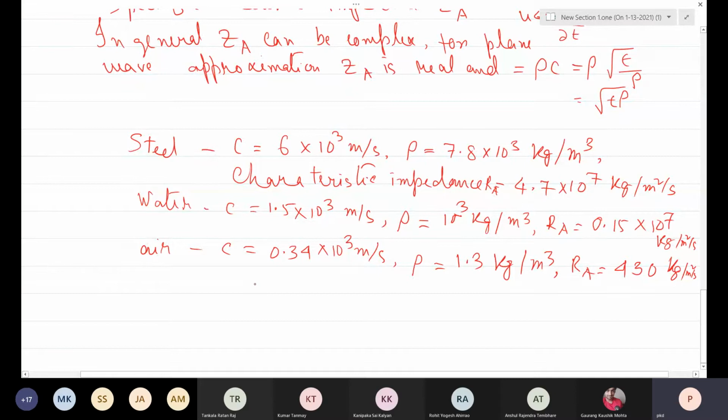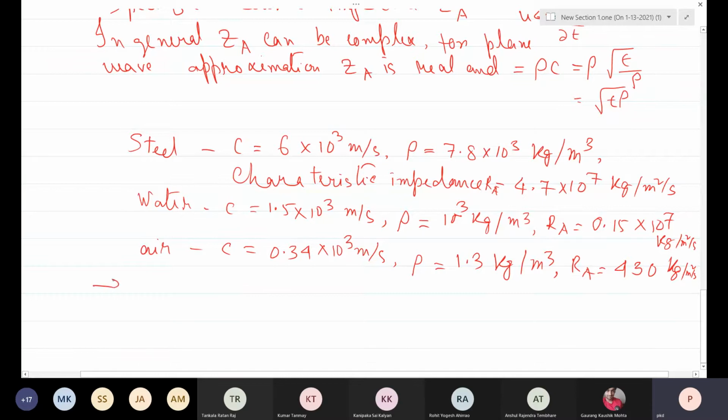Therefore, there is a very large discontinuity when sound is traveling from air to water or air to steel. So a lot of energy will be reflected back due to that discontinuity, so that we shall see the reflection, and reflection is very similar to the light reflection and refraction.